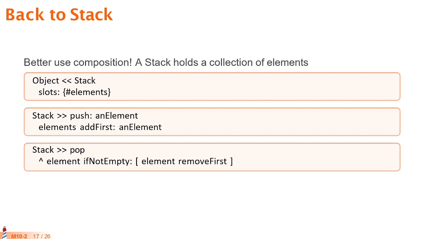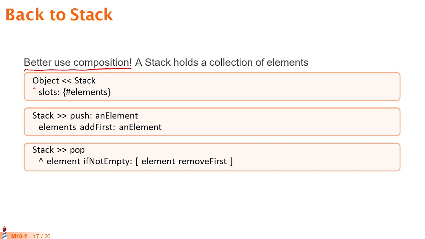So, how do we implement the stack after this analysis in abstract? Well, we can implement the stack just extending from object, not breaking the relationship with ordered collection, and implement it with composition.